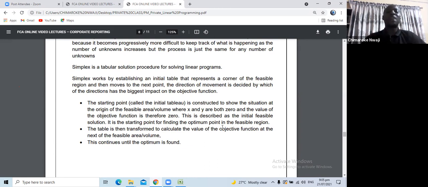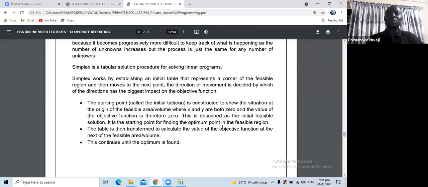Now, you have a starting point which you put in a table called the initial table. This table is constructed to show the situation at the origin of the feasible region. That point in the feasible region that we called O, that is where our initial table will begin. That's a starting point for us to find the optimal point in the feasible region.